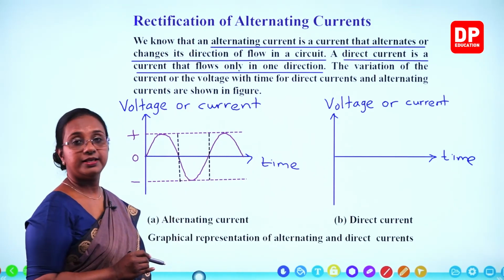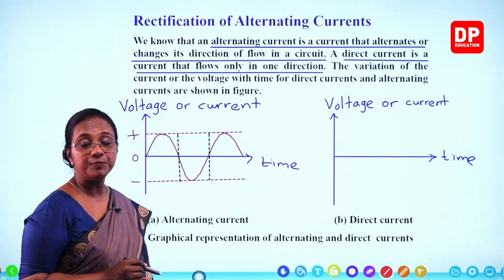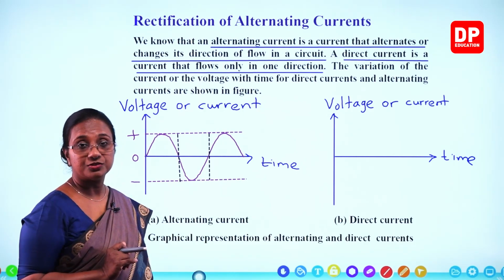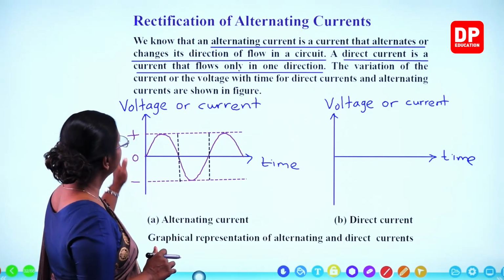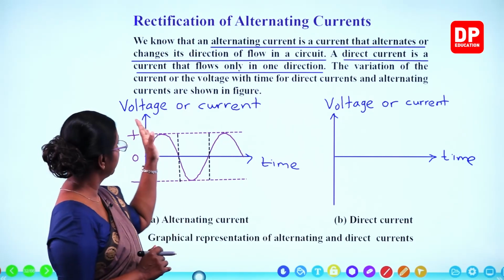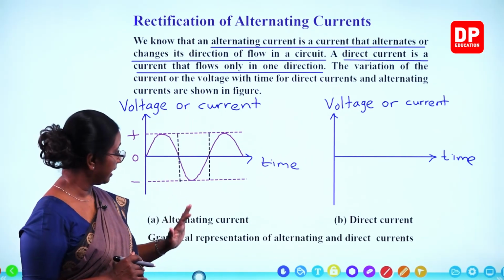Here also it is 0. Then there is a maximum value and a minimum value. Is that clear, students? So that is how an alternating current is. It changes with time. The potential or voltage or the current changes with time.